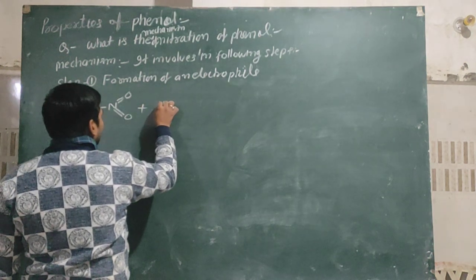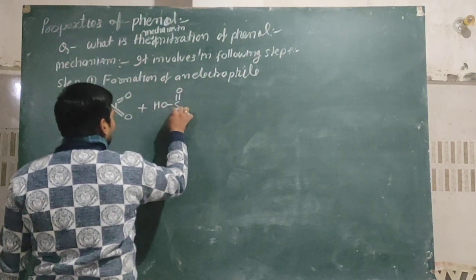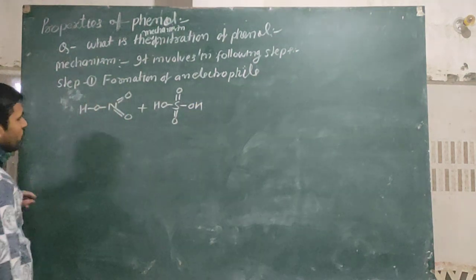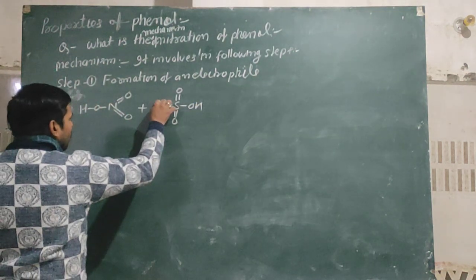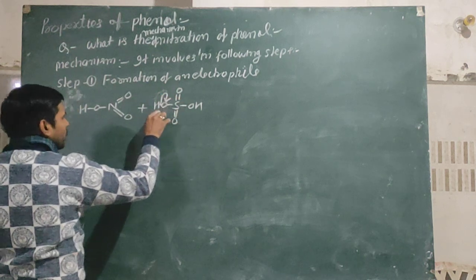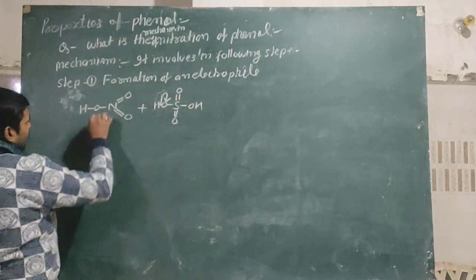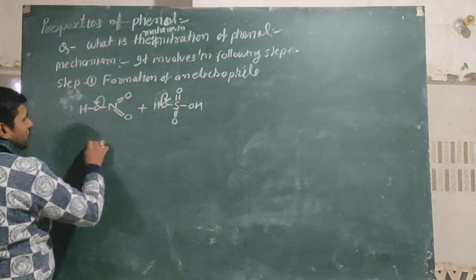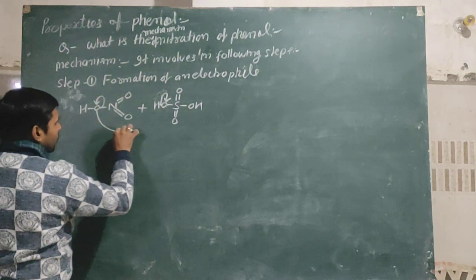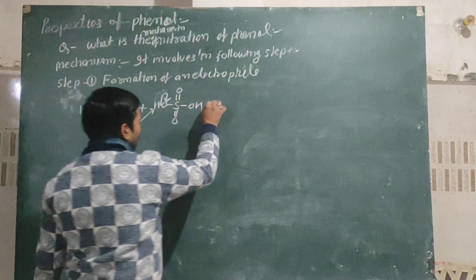React with H2SO4, like, it is a structure of H2SO4. When this bond breaks toward the oxygen atom, then oxygen becomes negative charge, hydrogen becomes positive charge. This bond also breaks toward the oxygen atom. This negative charge oxygen attracts the hydrogen toward itself.